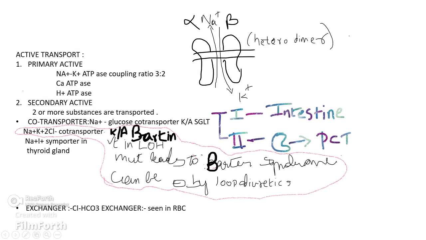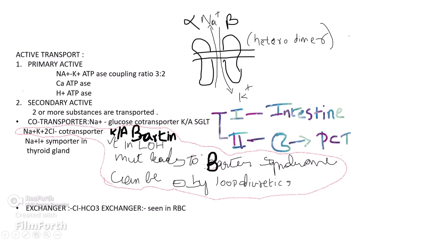You can also remember SGLT as secondary glucose transporter instead of sodium glucose. Because if you have a question, which secondary active transport channel do you find in PCT? Then the answer will be SGLT2.